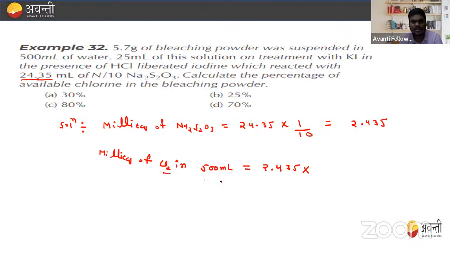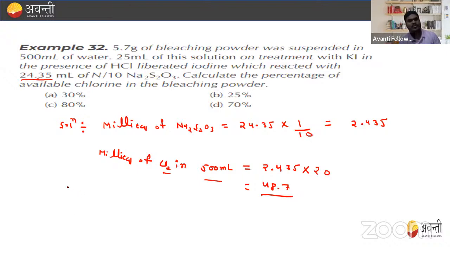We are talking about the Cl2 in 500 ml, right? So multiply by 20, because it's already given here. So the milli equivalent of Cl2 in 500 ml is 2.435 multiplied by 20. What does the value come out to be, beta? It comes out to be 48.7.